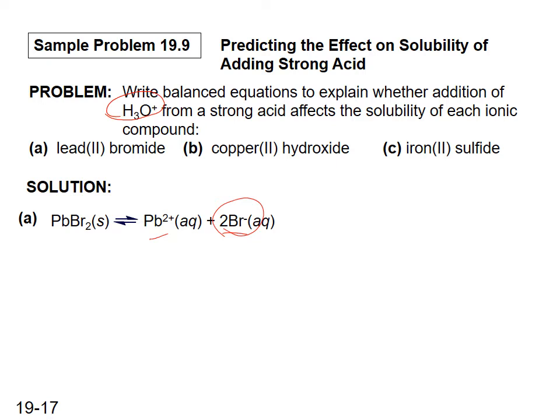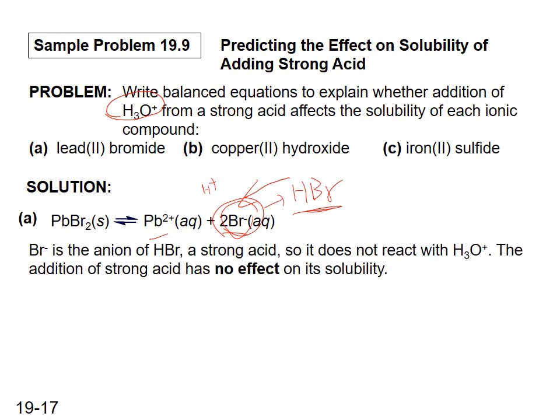If it doesn't, then it doesn't affect the solubility. Now, hydrogen bromide comes from a strong acid, so it won't go back. Because it's strong, it actually produces bromide and hydronium ion instead of going backwards. Therefore, there's no reaction between bromide ion and hydronium ion, so the addition of strong acid has no effect on its solubility.